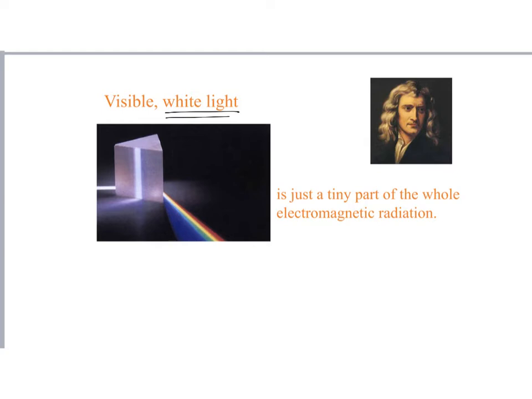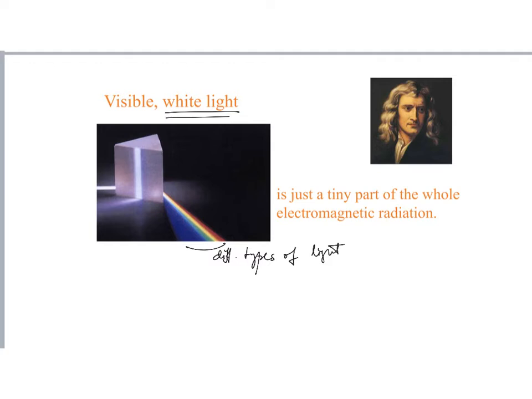And it's white light, you see it white, and it's visible because that's what your eye or your retina is sensitive to. But it turns out this white light is just a tiny part of the whole electromagnetic spectrum. And actually, this white light incorporates in it quite a bunch of different types of light.